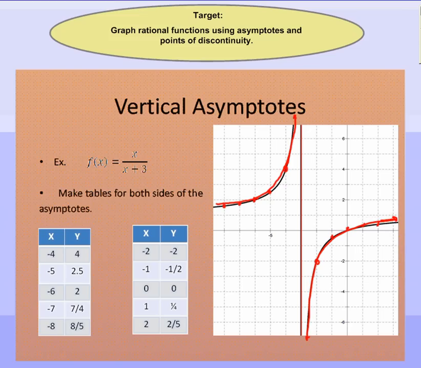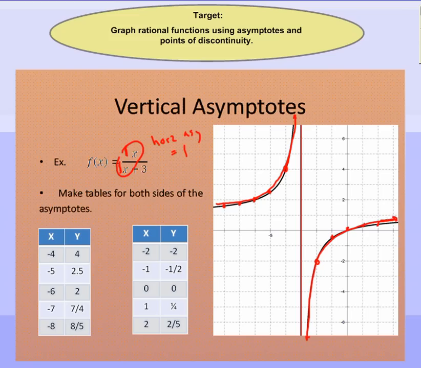Now, in terms of horizontal asymptote, what are these numbers approaching? If you look at the first terms of each, the numerator and the denominator, if they are the same degree, what you can do is basically take the coefficients and divide them. The coefficients are 1, meaning that you have a horizontal asymptote at y equals 1.